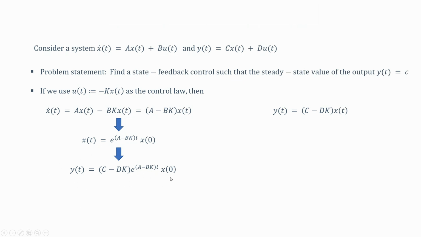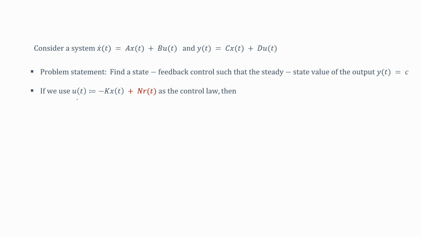As I have just motivated, in no way do I know that y of infinity, which is the steady state value of the output, is equal to c. How do I ensure that this expression will give me c?